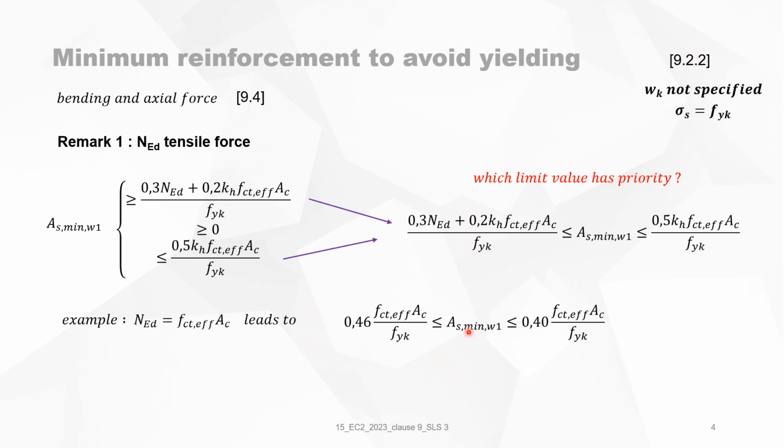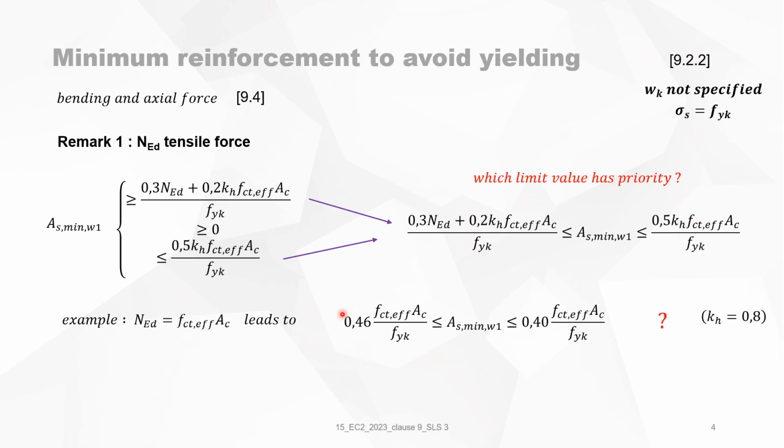Now, which limit is a priority? If I put As,min smaller than 0.4, I will not comply with this limit, or vice versa. If I comply with this limit and I take As,min bigger than 0.46, I do not comply with this. So that's why there is something wrong with this formulation.